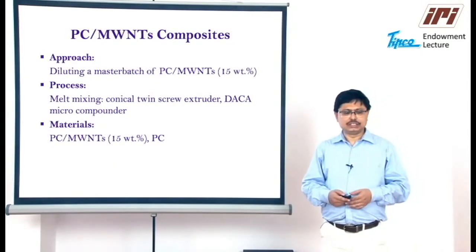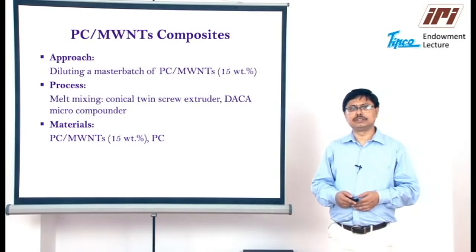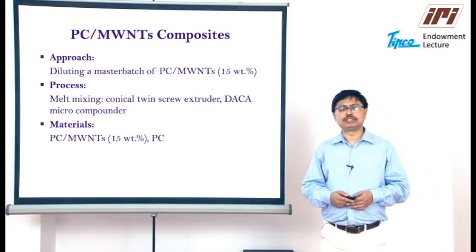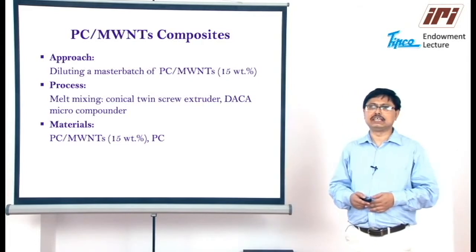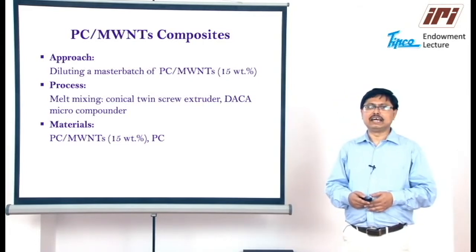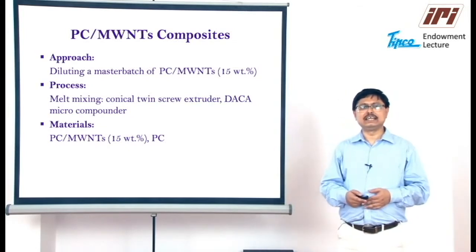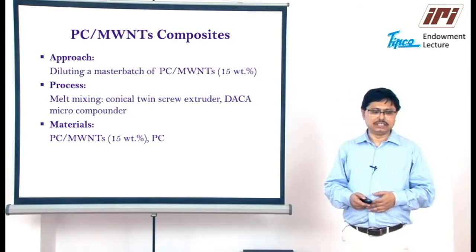So this is one of the works that has been carried out in Dr. Petra Pötschke's lab, started from 2001, 2002, where this dilution of master batch was utilized as a technique to prepare the composite material.